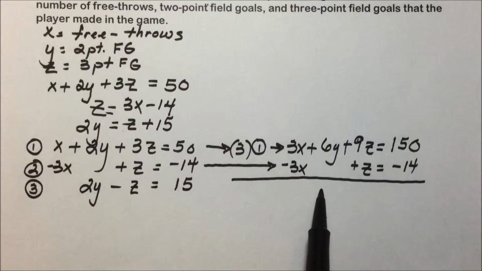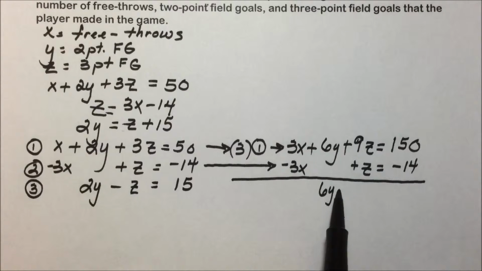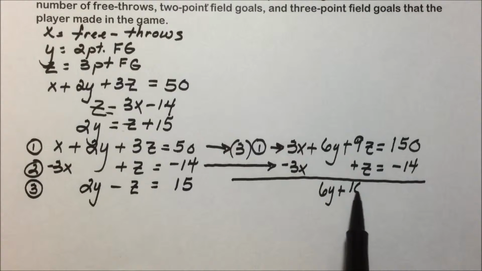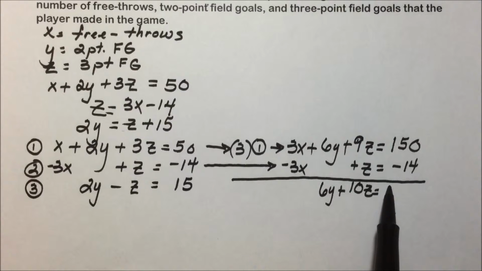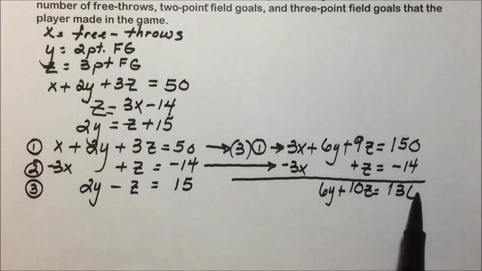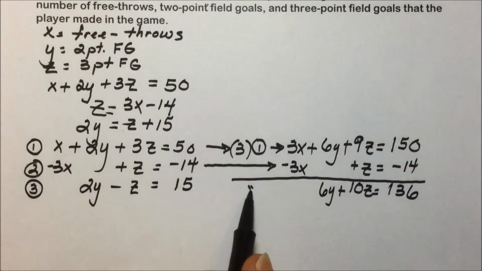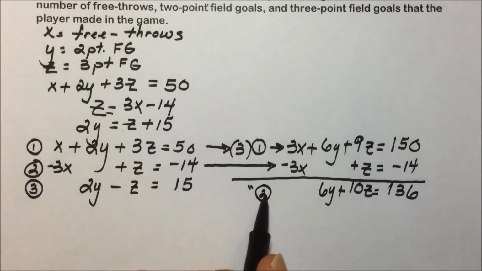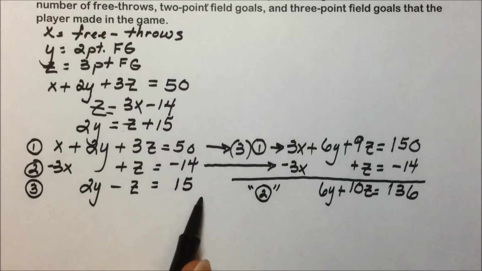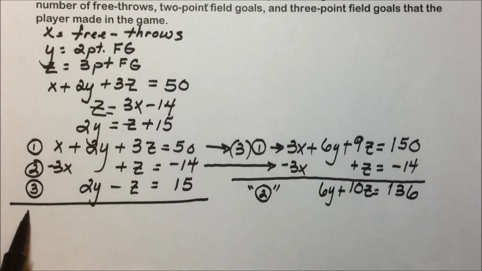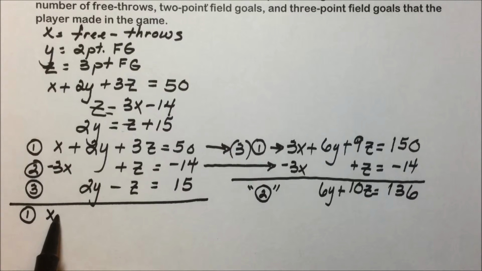It leaves us with a 6y plus 10z is equal to 136. This is now our new second equation. We're going to leave our first equation alone.